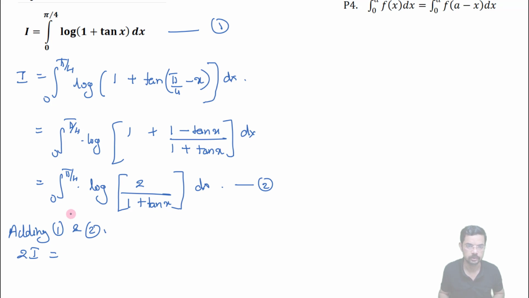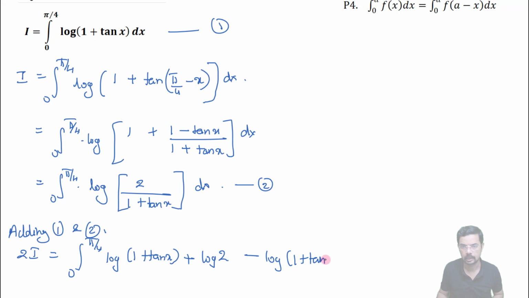So the first equation, the integral from 0 to pi by 4, the first part will be log of 1 plus tan x, and from the second part, log of a by b is equal to log of a minus log of b. So I can write it as plus log of 2 minus log of 1 plus tan x into dx.